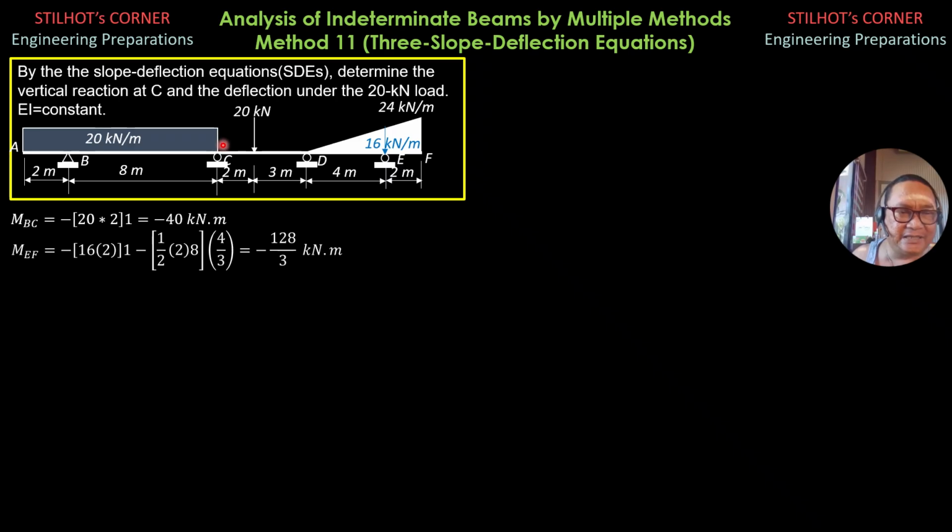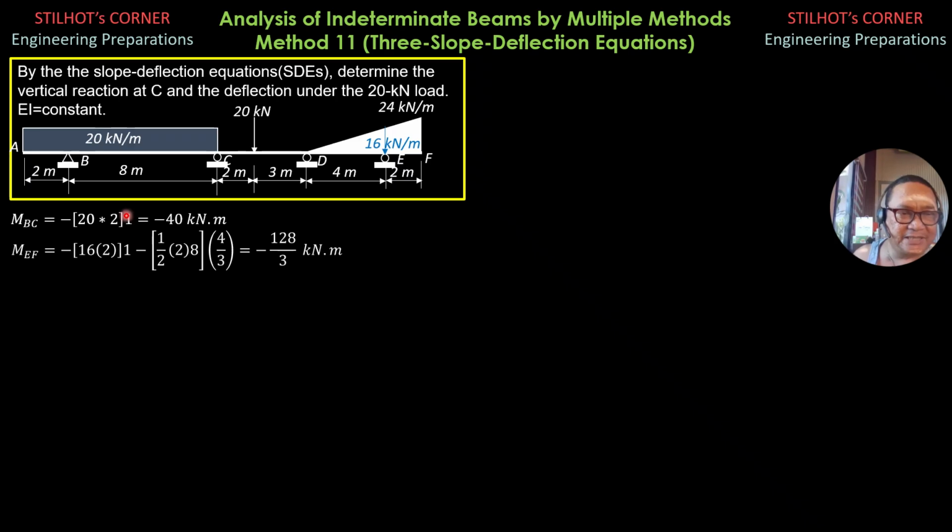Then at the far end, MCB is equal to 2EI over L times 2 theta C plus theta B minus 3 times the relative displacement over L, then positive fixed end moment at C. So that's the guide equation.